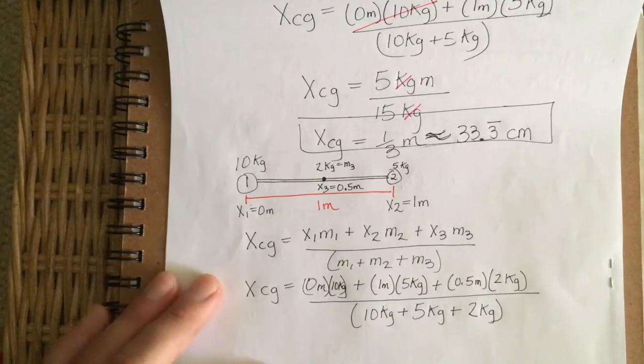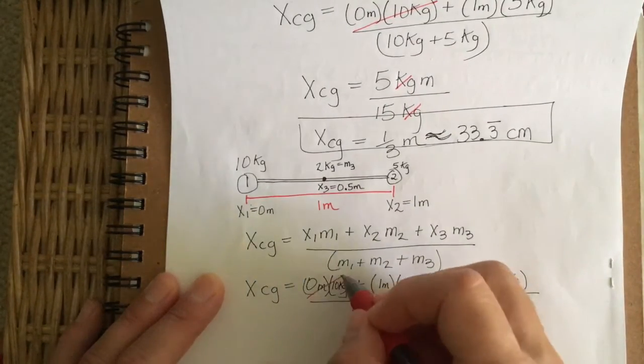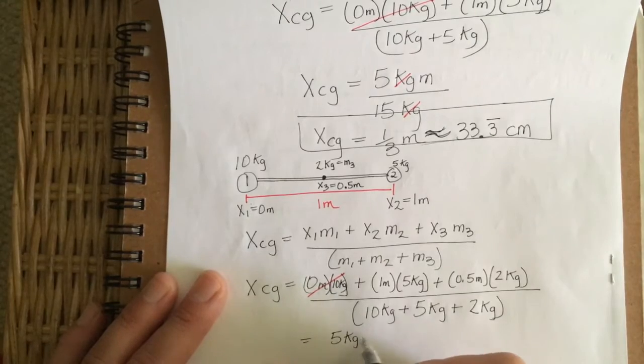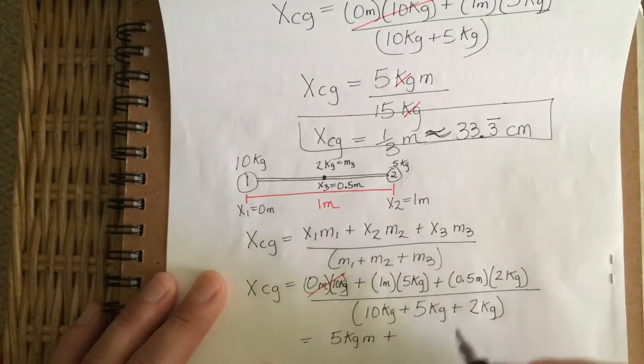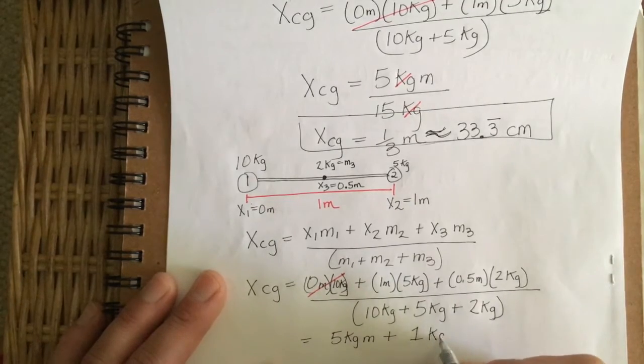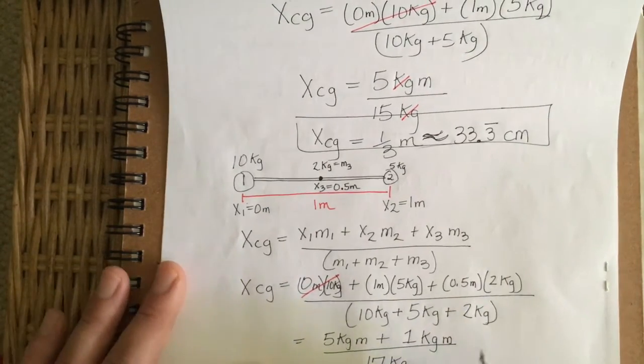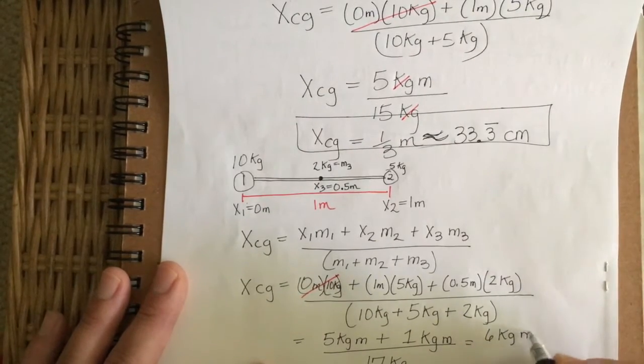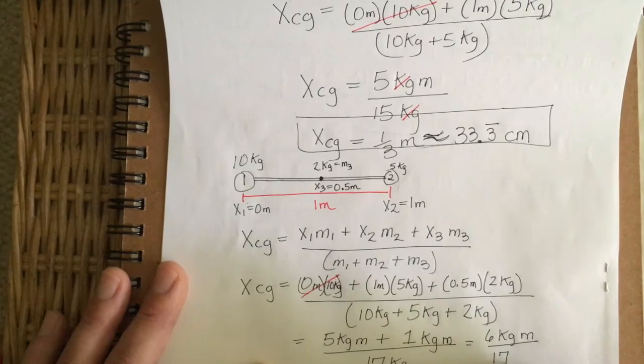All right, so we can see that this is going to cancel away. This is going to become 5 kilogram meters, plus 0.5 times 2, which is just 1 kilogram meter, divided by 10 plus 5 plus 2, which is 17. So we get 6 kilogram meters divided by 17 kilograms.